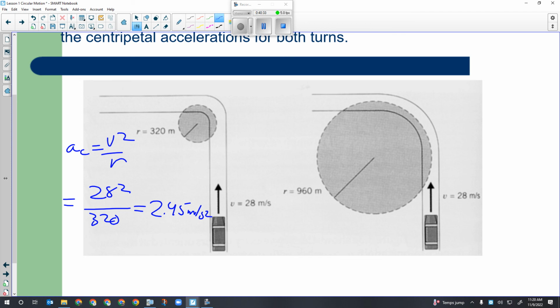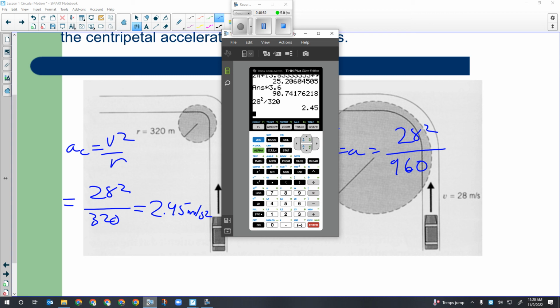Now, if he takes the corner wider at the same speed, because he's still your crazy friend who wants to go fast, so still at 28 meters per second, we got v squared over r equals a. Now we've got 28 squared over 960. What did we do to the radius here? We made it bigger by a factor of what? 3, yeah. So what should my centripetal acceleration look like? 3 times less, yeah.